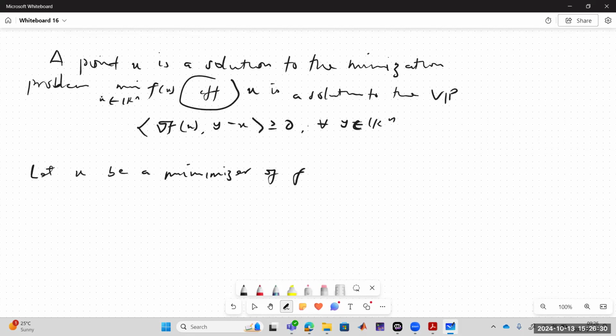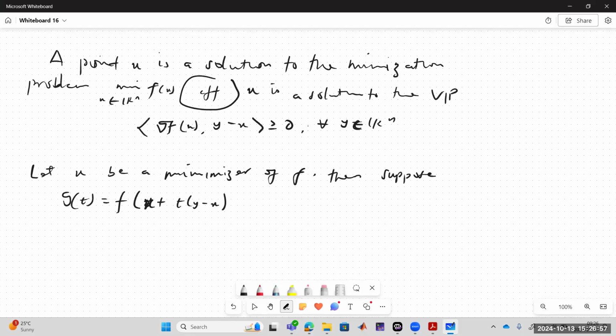That's what it means, being a solution to the minimization problem. That is, it's a minimizer of f. Then define a function g(t) equal to f(x + t(y − x)).